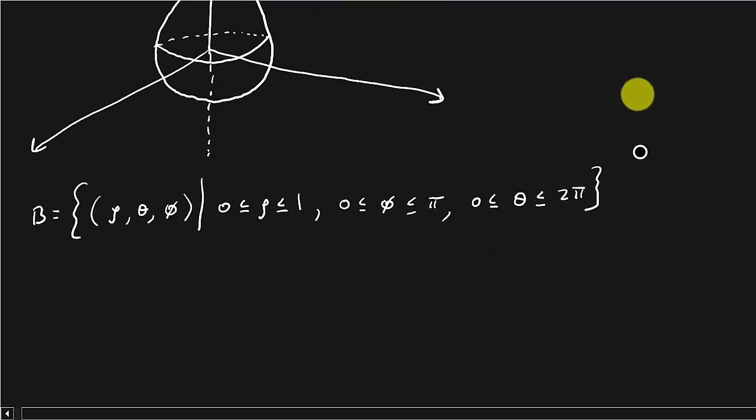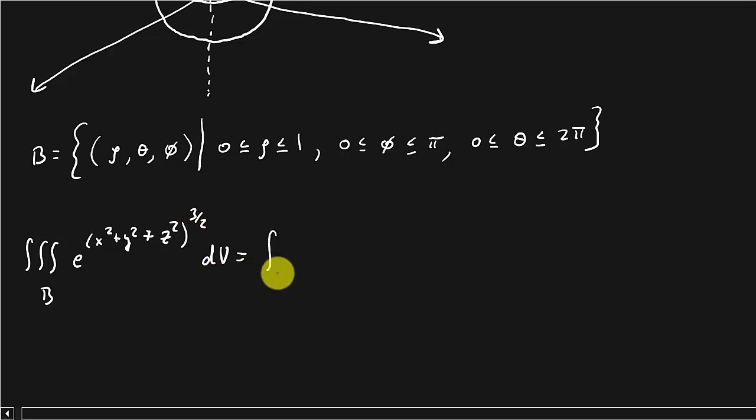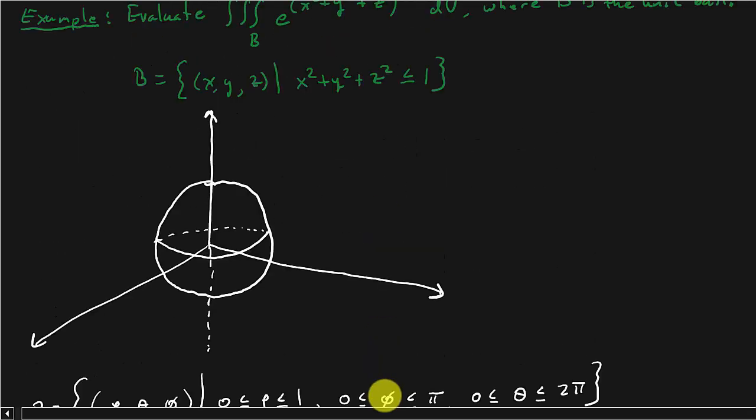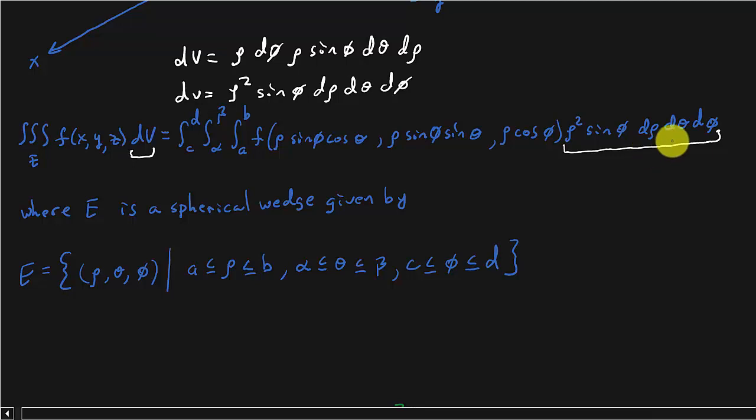And so now we have the triple integral over B of e to the x squared plus y squared plus z squared raised to the 3/2 dV is equal to... We'll integrate with respect to rho, then theta, then phi.